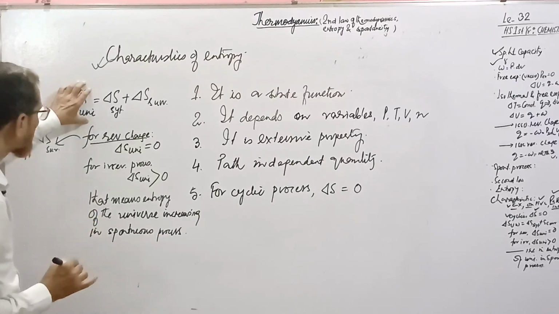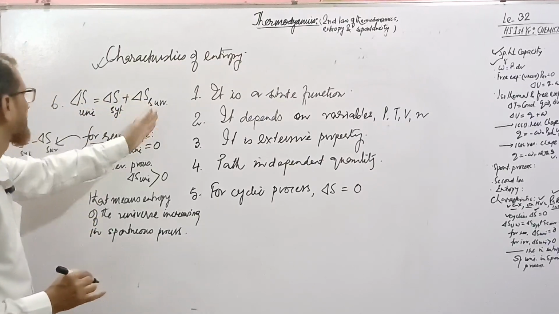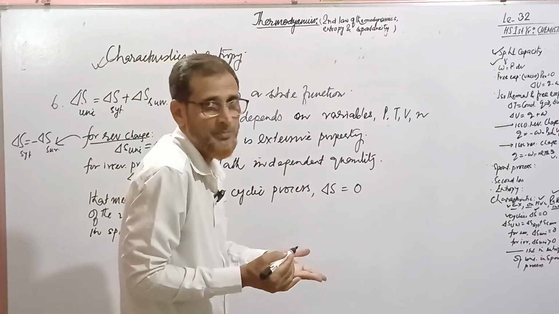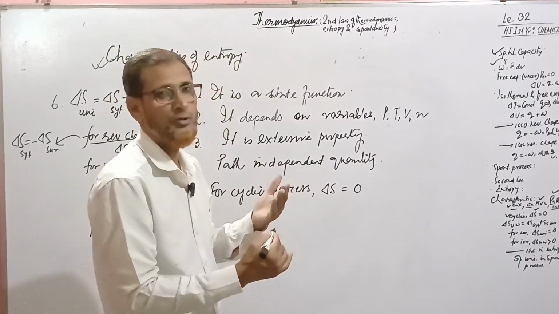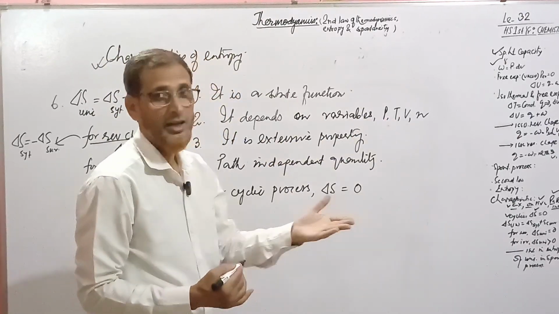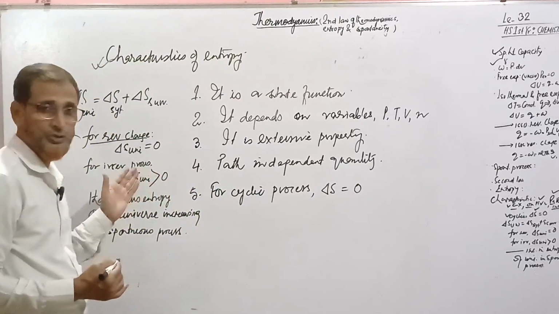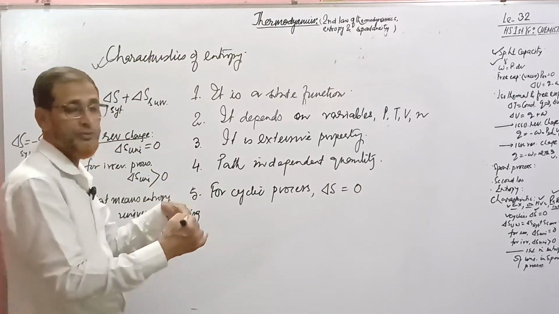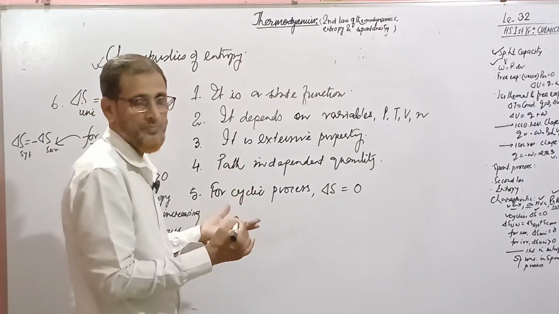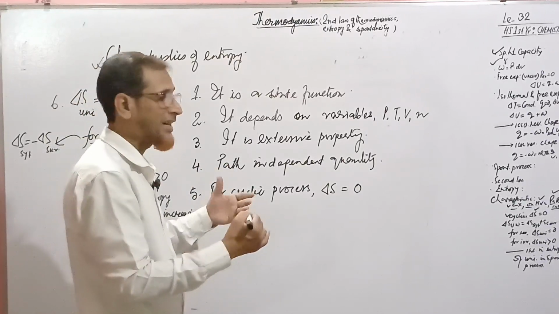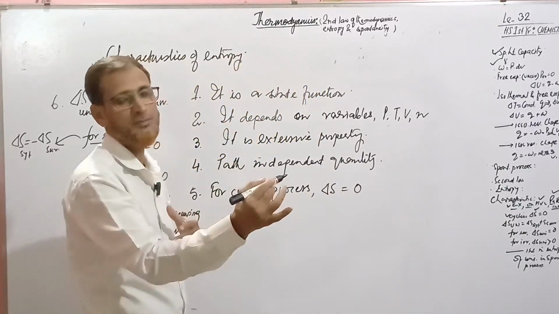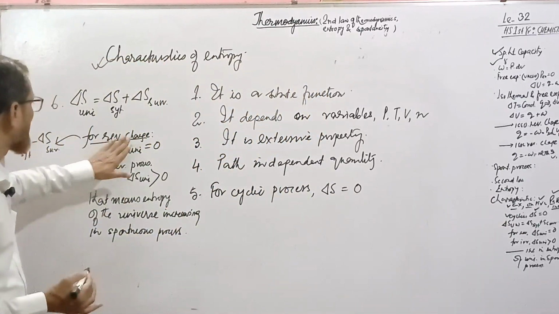Whatever entropy is gained by the system, to the same extent entropy is lost by the surrounding, and whatever entropy is lost by the system, that decrease of disorderness in the system will be compensated by an increase in the surrounding. So one is plus, the other is minus, system and surrounding, for a reversible change.